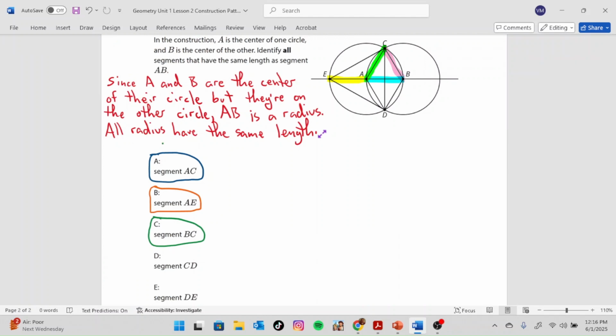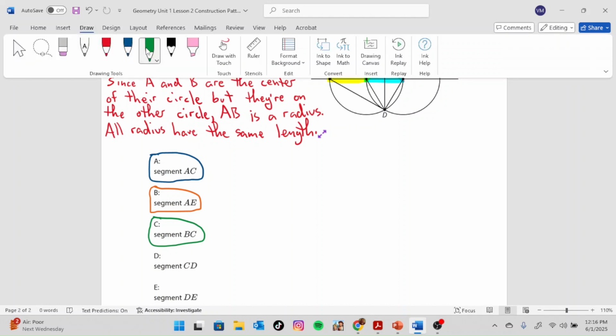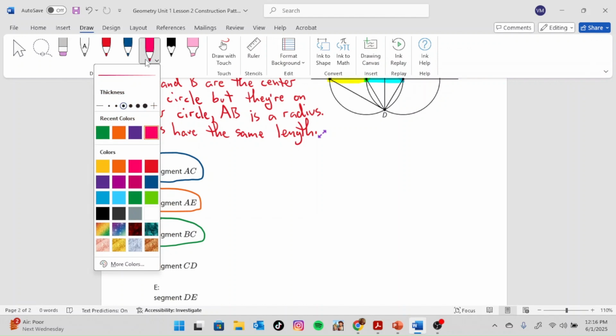Now, if we look at segment CD, that starts on one circle and it ends on another on the same circle. So that is not a radius, and since it's not a radius, it is not going to have the same length.